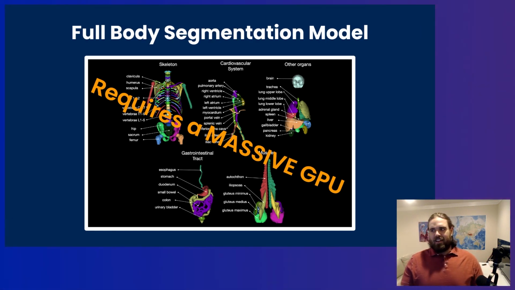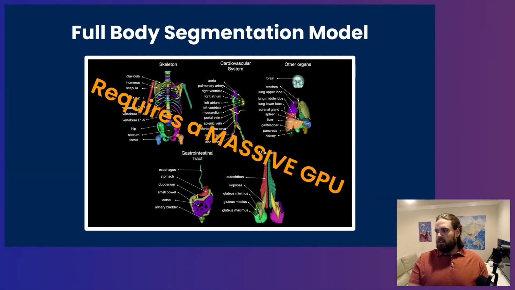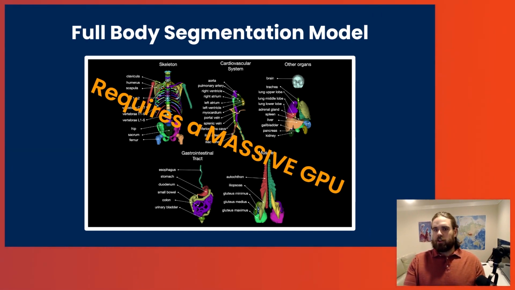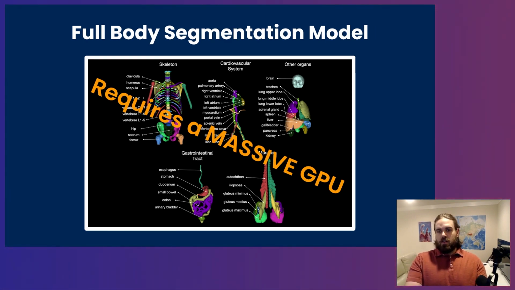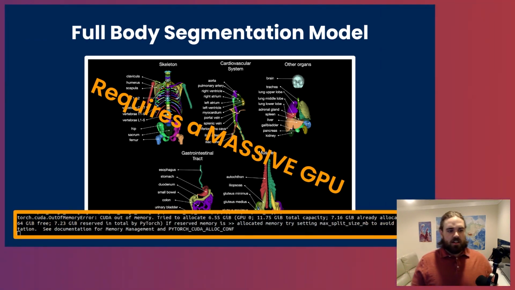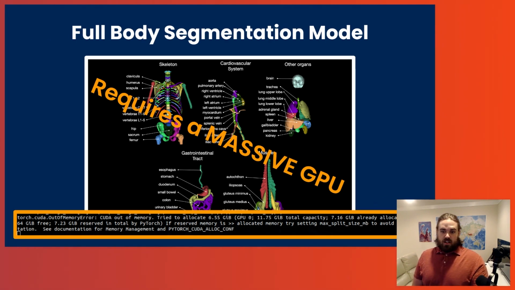I couldn't test it on HiPerGator because, well, I could get it working on HiPerGator, but I couldn't get the demo working with it because HiPerGator has very closed networking, which means I couldn't run a VR system and connect it to the Monai system because there was no way to form a connection between my computer and the computer on HiPerGator. So when I tried to run it on my computer, it said it already had 7.16 gigabytes already allocated.